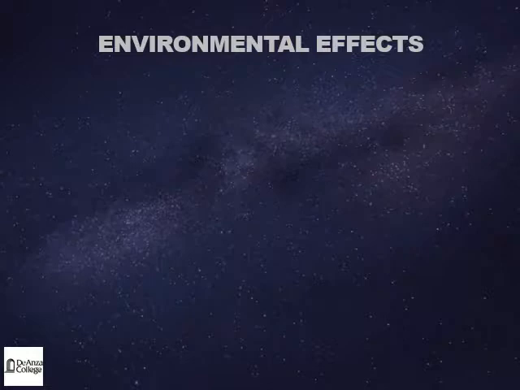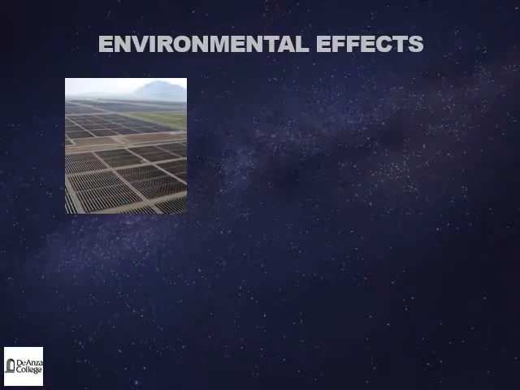Besides, solar energy also has some environmental effects. First of all is land use. Solar energy facilities require a lot of land space. Estimates for utility scale PV systems range from 3.5 to 10 acres per megawatt.